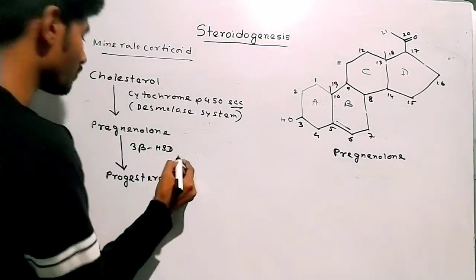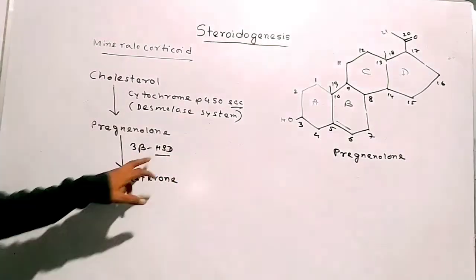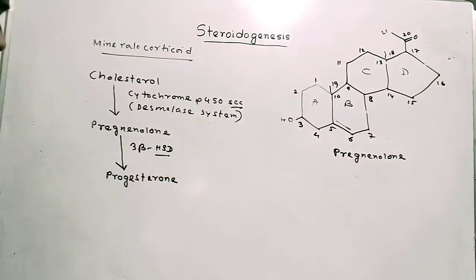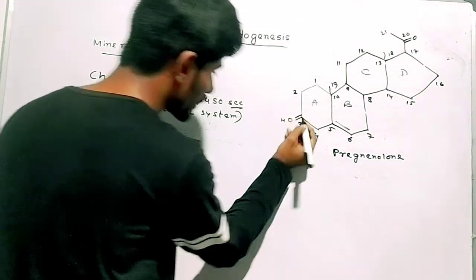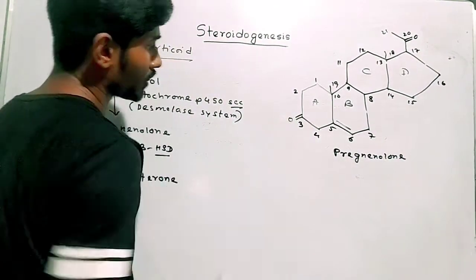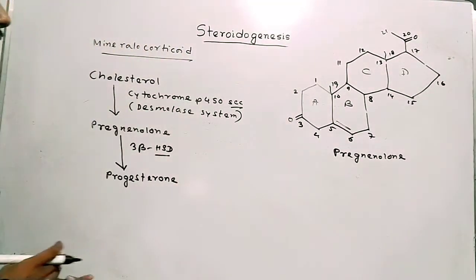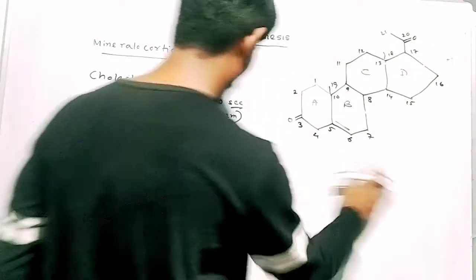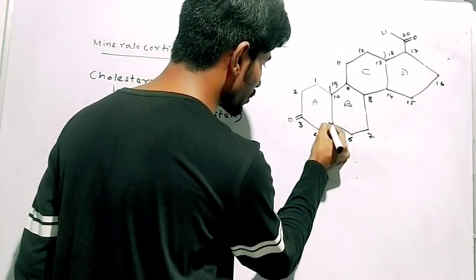The HSD means hydroxysteroid dehydrogenase, which means that it is introducing a keto group in the 3rd position. Okay, and now it is the structure of progesterone. Okay, so it is the structure of progesterone.